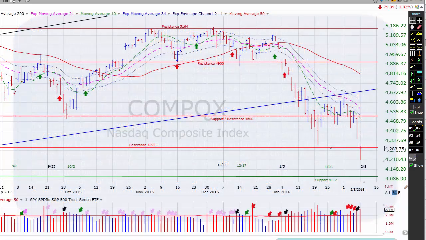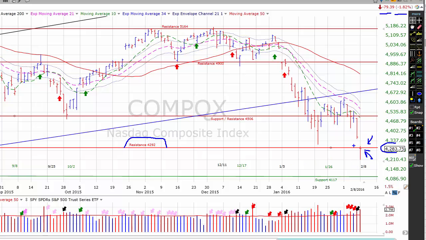Be careful. Yesterday, the Nasdaq Composite was down 79.39 points, or 1.82%. We closed at 4283, and we undercut resistance down here in the 4292 area. We closed just below that level at 4283.